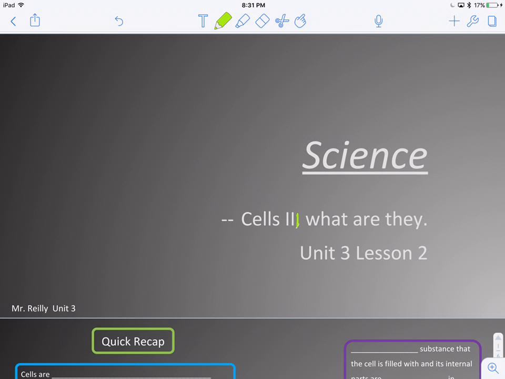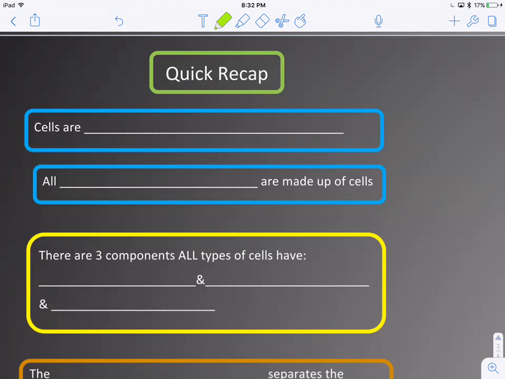So I quickly wanted to go into a recap. This is going over cells 1 and cells 2 right here. So remember, cells are the smallest living unit. You guys should have seen this so many times by now that you can almost fill this in without even watching me do it, right? And all living things are made up of cells.